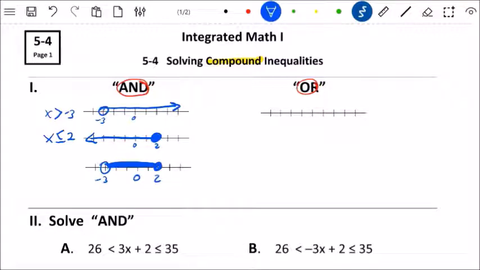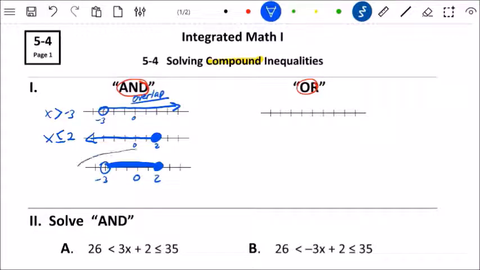For the context of these problems, having these inequalities together means that we aren't going to go past them and do all the numbers down here for the 2 and all the numbers up here. Instead, what we're looking for is what areas overlap, and that's what you do with and. So the key word is overlap.